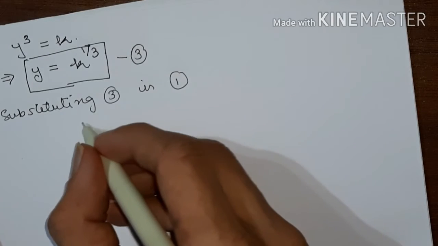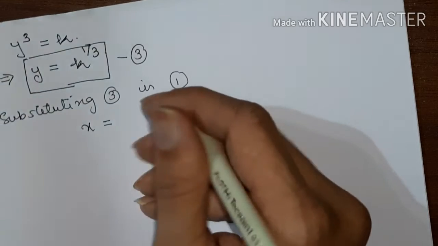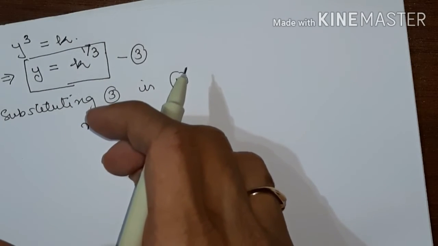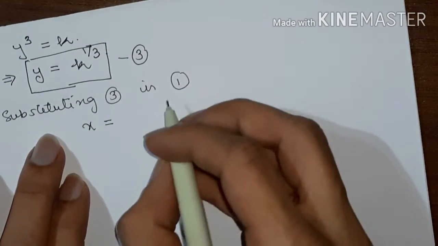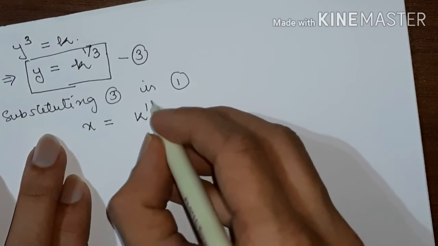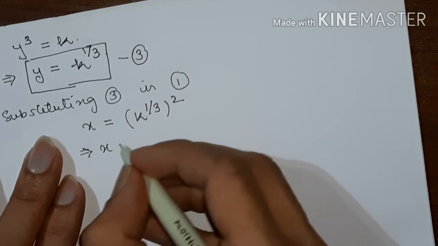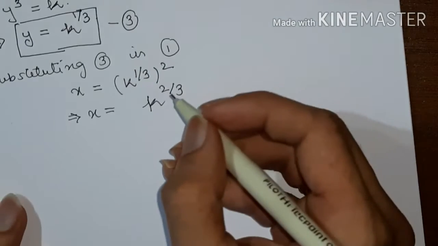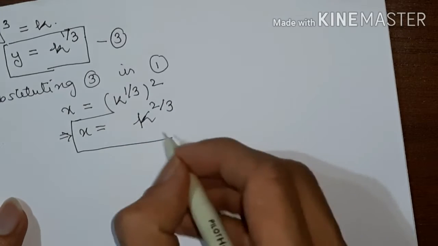So what I'll get? X equal to y square was there. If I substitute y equal to k raised to 1 by 3, I'll get k raised to 1 by 3 the whole square. So x is equal to k raised to 2 by 3.